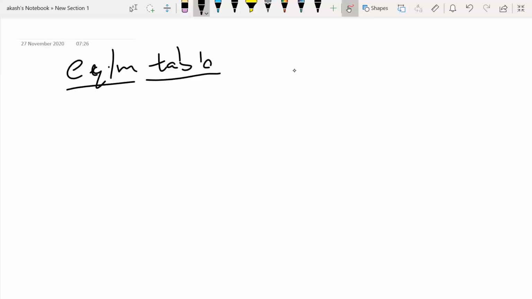Now what do you mean by equilibrium table? Very, very simple. Let me take an example and explain it to you.